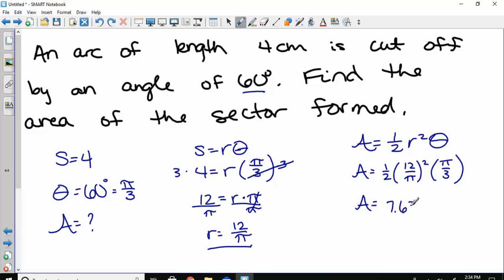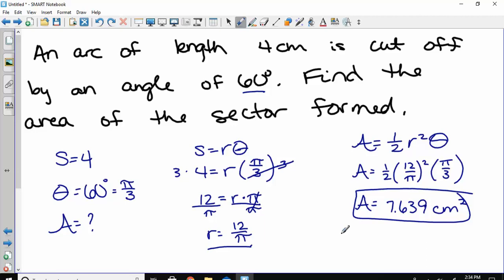And I'm going to get 7.639. What kind of units should this have? So this is the most complicated problem because A, you had to change your angle into radians, and B, you had to use both formulas to get there.